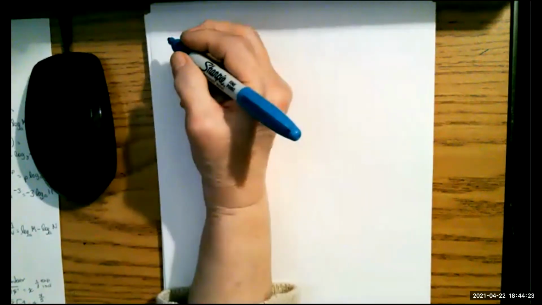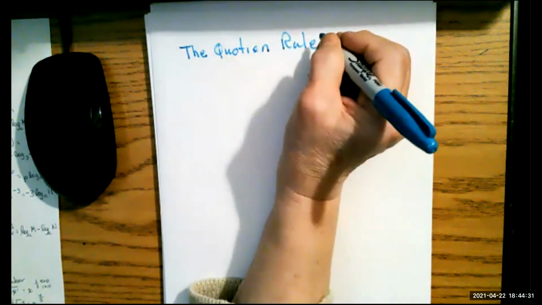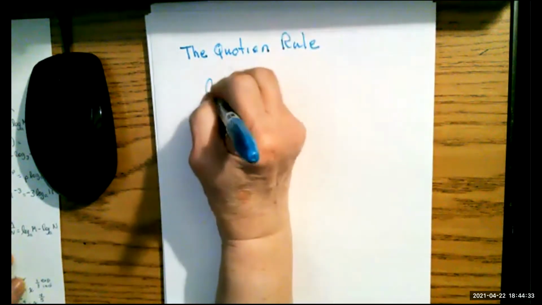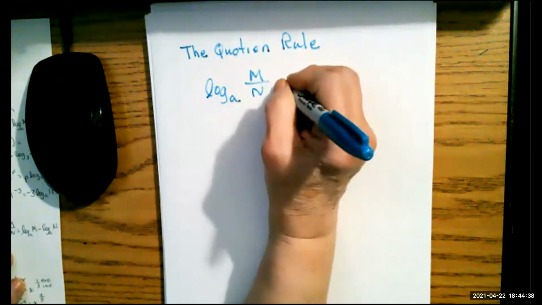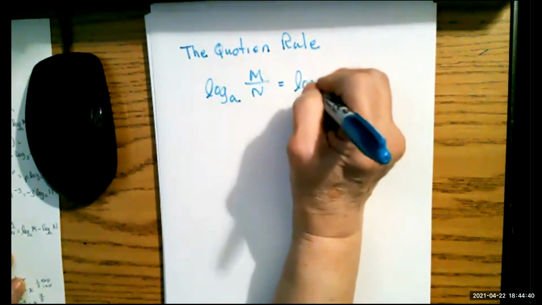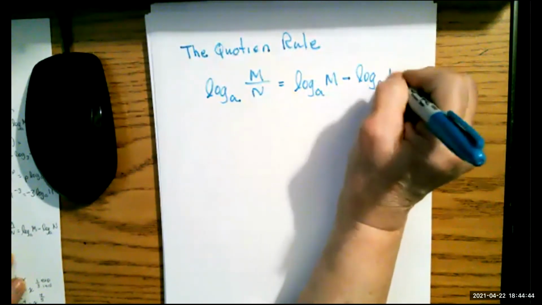Okay? All right, let's see what the quotient rule looks like for logarithms. The quotient rule for logarithms looks like this. Log base a of m over n is log base a of m minus log base a of n.